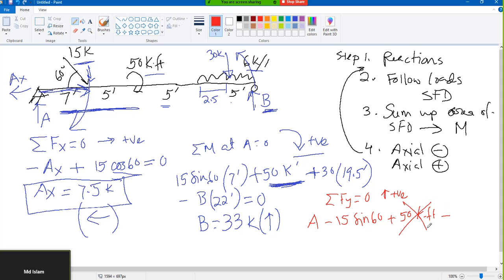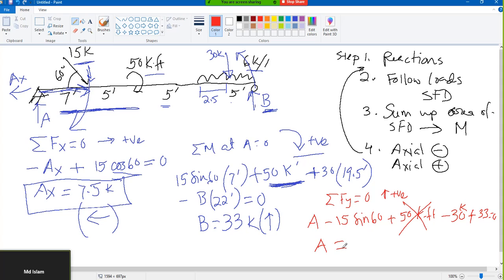Yes. Then next is 30 kip. 30 kip feet is down, and plus next is B. B is upward. What is the value of B? 33. You can write B or simply write 33 equals 0. Do not consider this 50. What is the value of A?